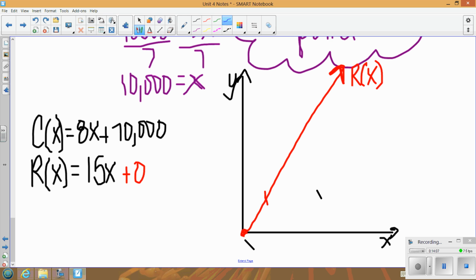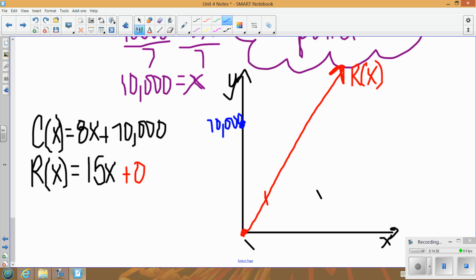And for this other equation here, the cost starts at 70,000, so my y-intercept is up here at 70,000. I'm just doing a rough sketch. I'm not worrying about this being completely accurate. And I know that my slope isn't going to be as steep. It's an 8 over 1. So instead of going up 15 over 1, I'm only going to be going up 8 over 1.